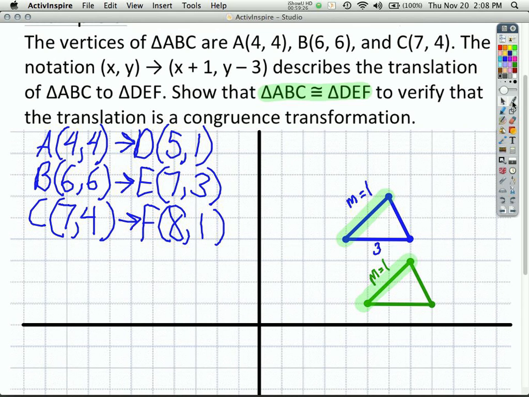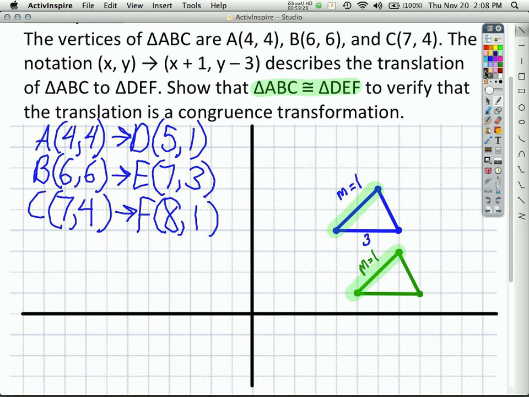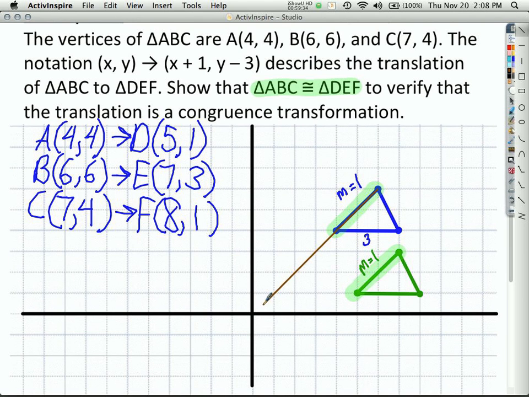Watch this. What if we take this line and I extend it all the way down to here? And what if I take this line and I extend it all the way over here? And I've got this line, which we said was parallel.